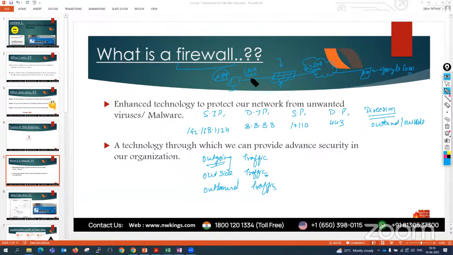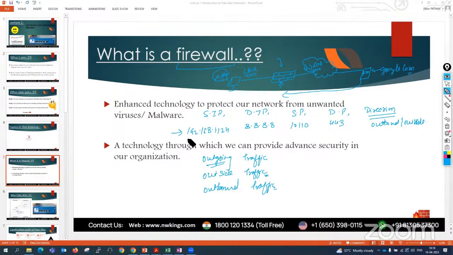Correct? Now, when google.com sends the packet back to Ajay, this traffic has to go through the firewall, right? So what was the scenario? We had to configure a bidirectional policy in that case. When Ajay is going outside, I have one policy, but when google.com comes back to Ajay, there has to be one more policy.